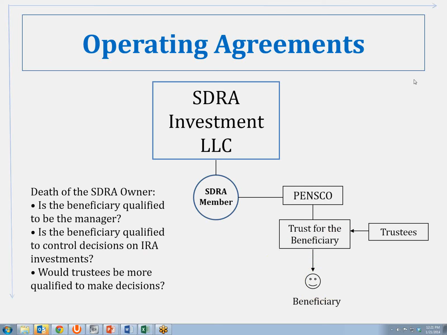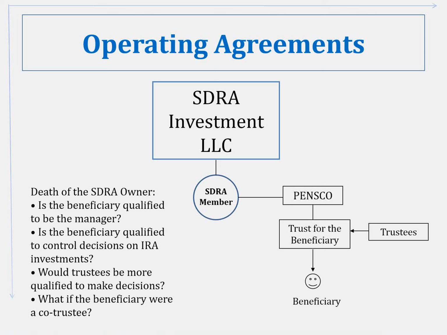So a lot of people would object to this on the basis of, well, my beneficiary has no control. Suppose they grow up, or suppose they're qualified when I die to run everything, but we want the protections and that kind of stuff. What happens? Well, the easy answer to that is, what if the beneficiary were a co-trustee?